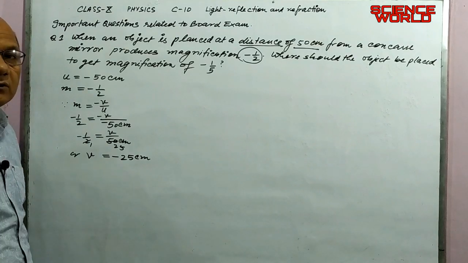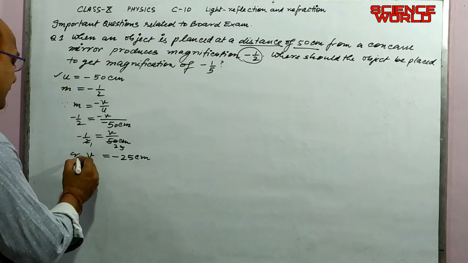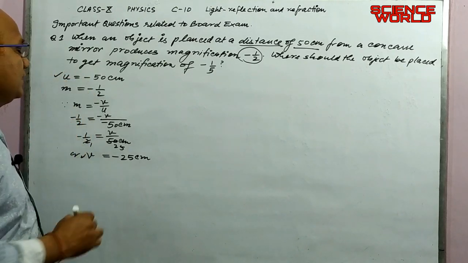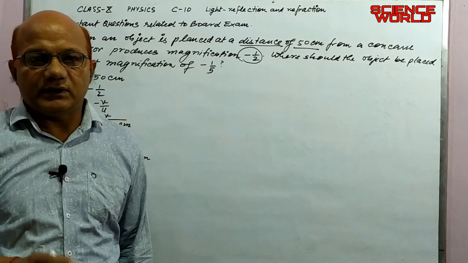Now, you have the values u and v. By using these two values, first of all we will find out focal length of the mirror.